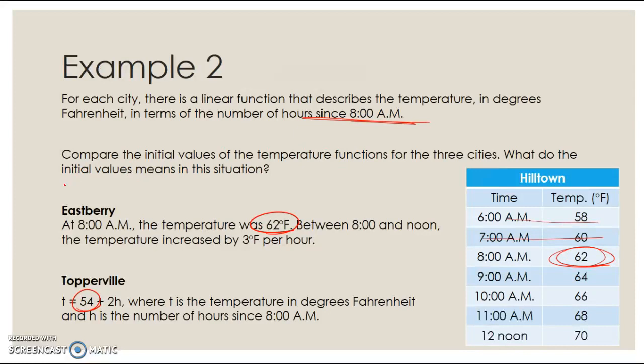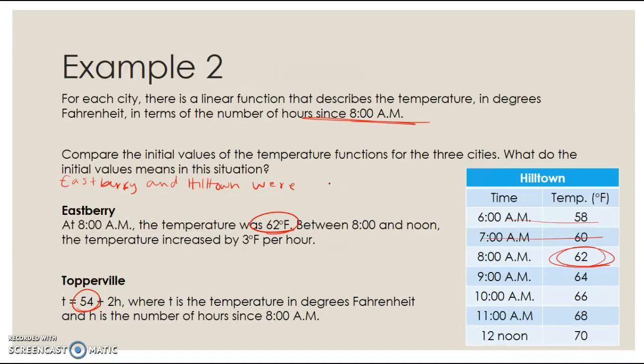Well, for our situation, Eastbury and Hilltown started or were, now 54 to 62 would be 8 degrees.